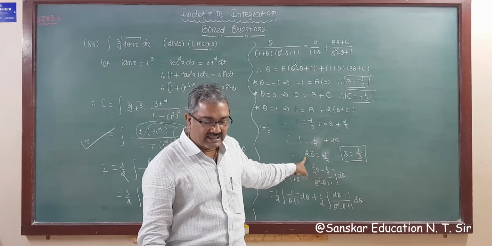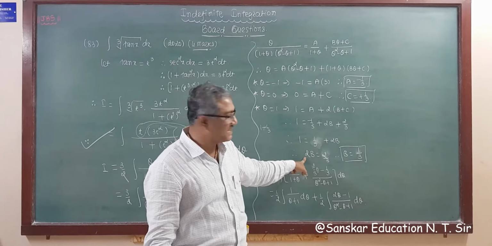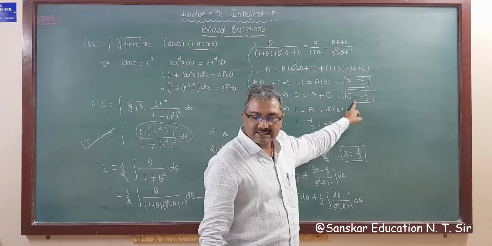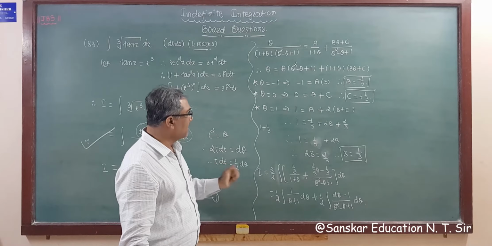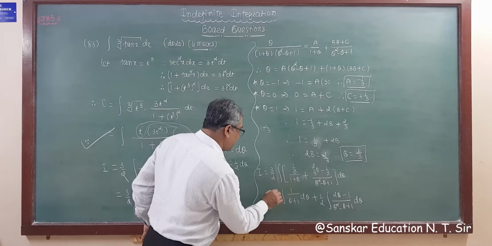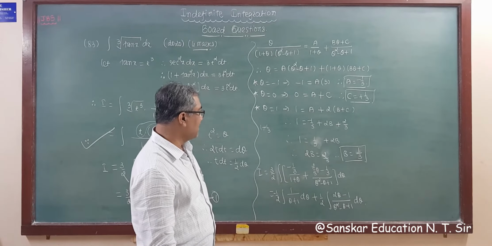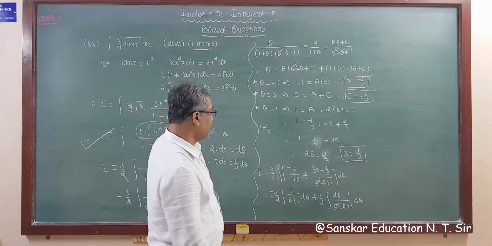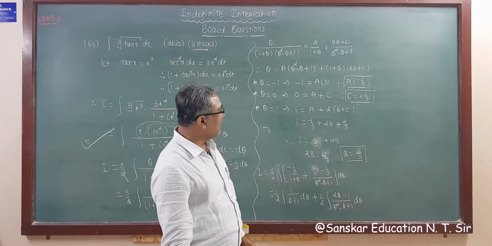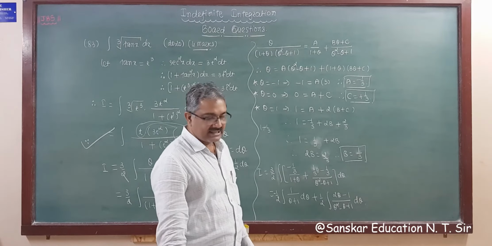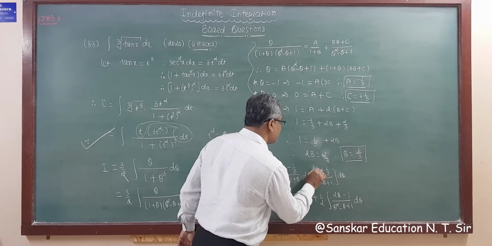Now the value of b is plus 1/3 and c is also plus 1/3, right? So according to that a is minus, no problem here, but b is 1/3, so this is not 2 but 1/3, and c is also 1/3, so this is plus 1/3.